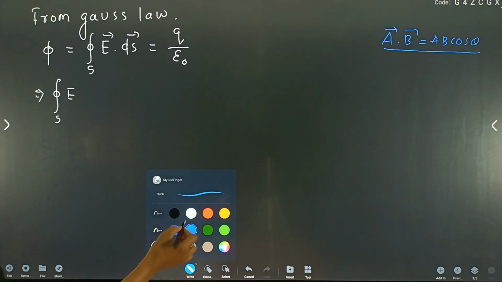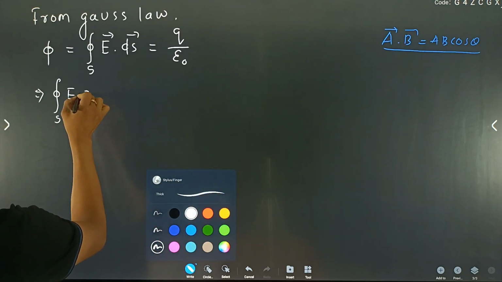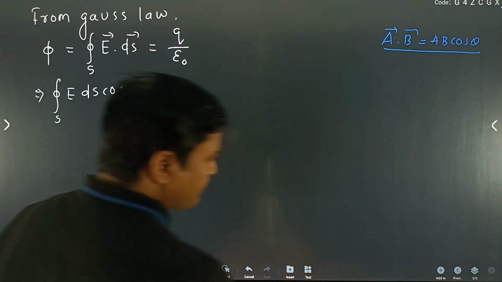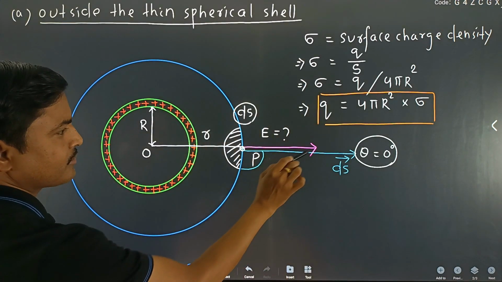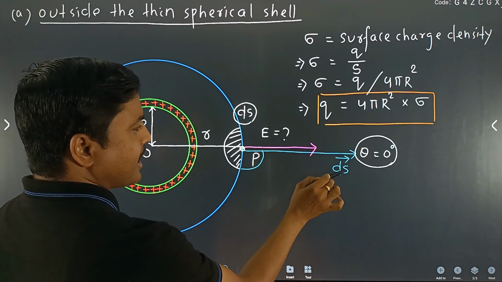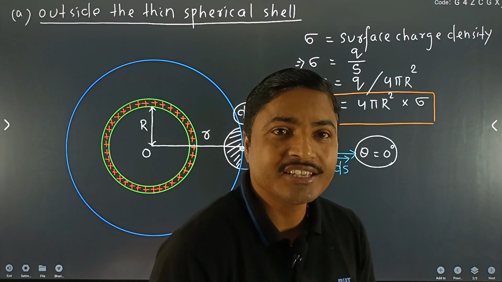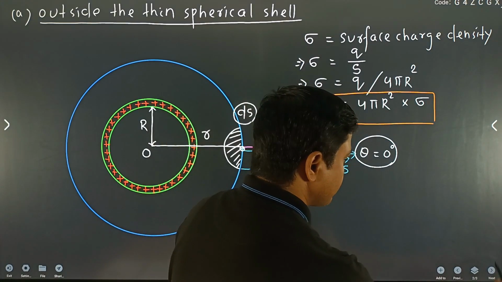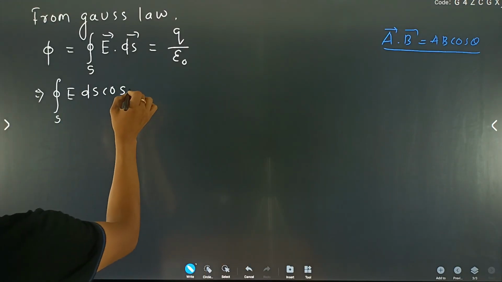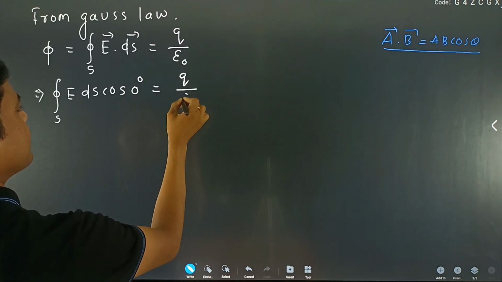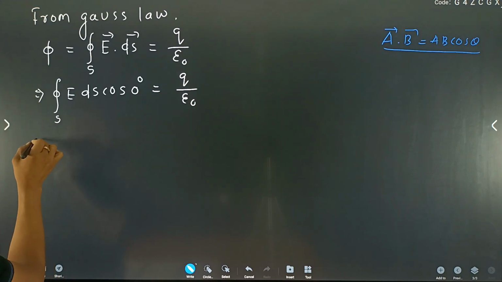So here also we write E ds cos theta. Theta is the angle between the electric field vector and the area vector, and that angle is 0 degree in this case. So we write cos 0 degree is equal to q divided by epsilon 0.